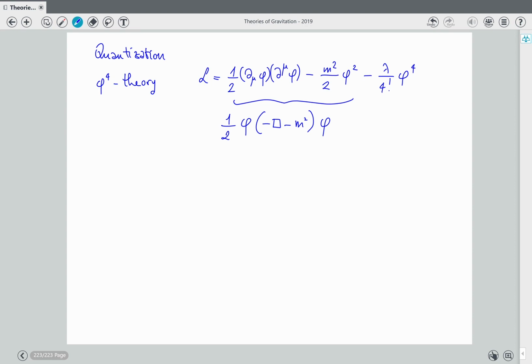And so the propagator here is equal to i times the inverse of that quadratic part in momentum space.